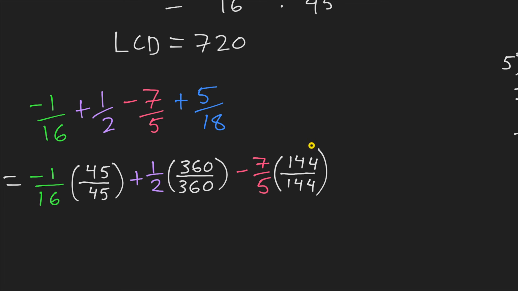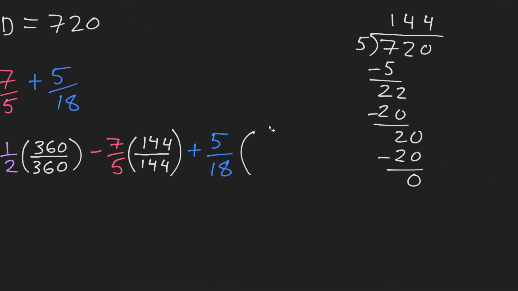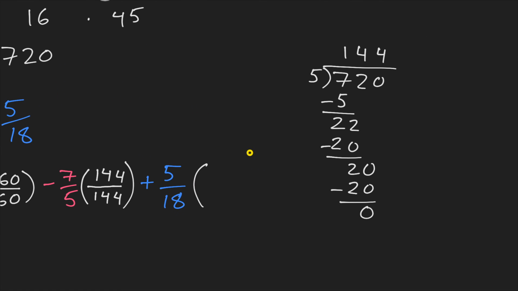And so to this, you're going to add 5 over 18 times what? Well, again, you have to find out what you have to multiply 18 by to get to 720. So let's go ahead and do that math.